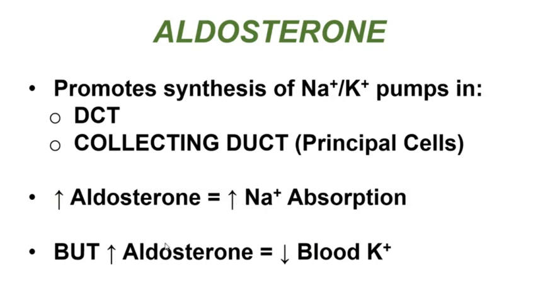When sodium-potassium pumps move sodium out of the tubule cells and into the peritubular capillaries, we get movement of potassium into the tubule cells, because sodium and potassium move in opposite directions when they're pumped by the sodium-potassium pump. So increases in aldosterone do help promote the reabsorption of sodium from the filtrate into the blood. But aldosterone is going to reduce the amount of potassium that's making its way to the blood, because it's pulling potassium back into the tubule cells.